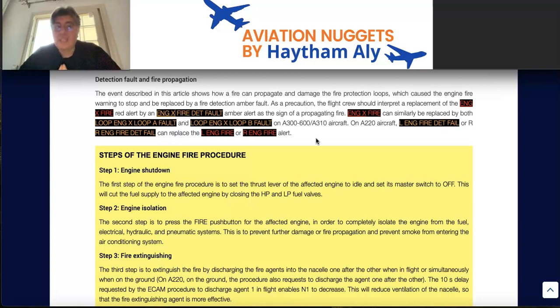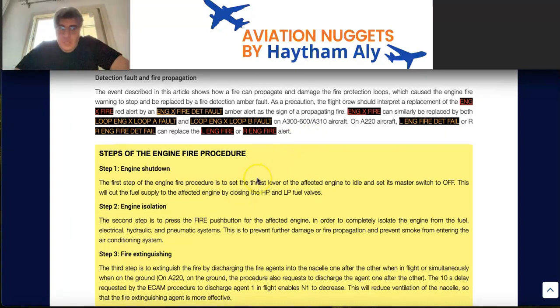If you have an engine fire red ECAM alert and you delay the procedure so that the fire propagates and breaks down both loops, the red engine fire ECAM alert will go out and be replaced by an engine fire detection fault. In that case, it is a big sign of a propagating fire, not an extinguished fire. The scenario becomes worse, not solved.